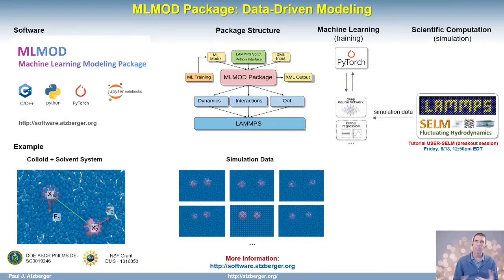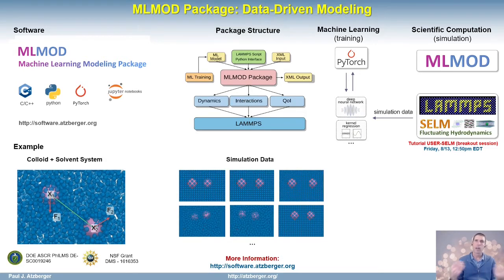The basic idea is that any model that you can work with in PyTorch that can be exported to a standardized format can be imported into our MLMOD package, which serves as a fix to allow for development of data-driven time-step integrators, force interactions, or computing other observables of quantitative interest for other downstream machine learning tasks, or to gain further insights into the system.